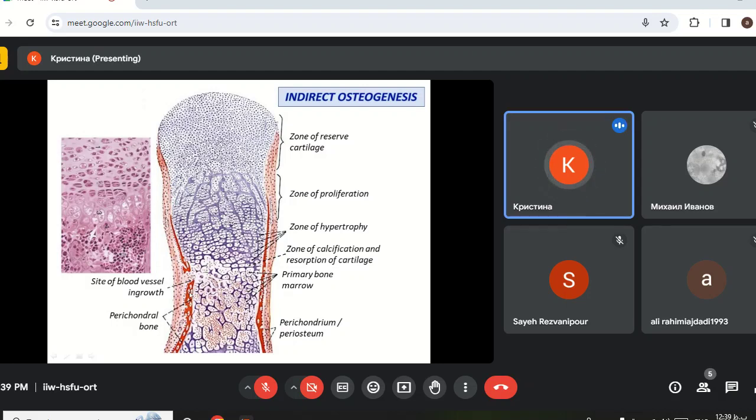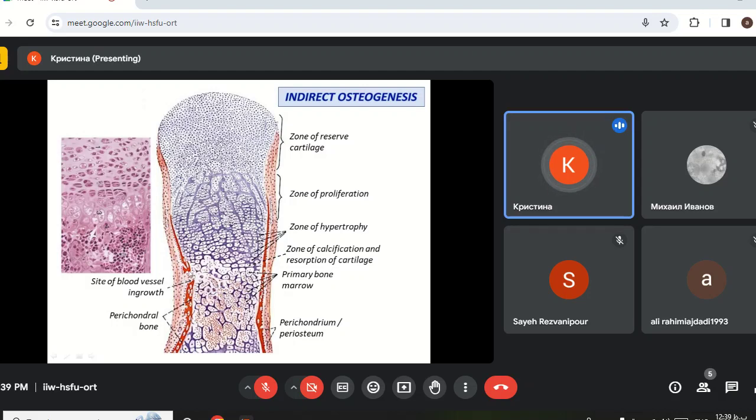So here in the diaphysis we have the primary bone marrow cavity filled with mesenchyme, which develops into primary bone marrow. These are remnants of non-fully broken down calcified cartilage. Calcified cartilage is broken down with the help of osteoclasts, which are shown here. These are multinucleated cells which can break down the hard tissues.